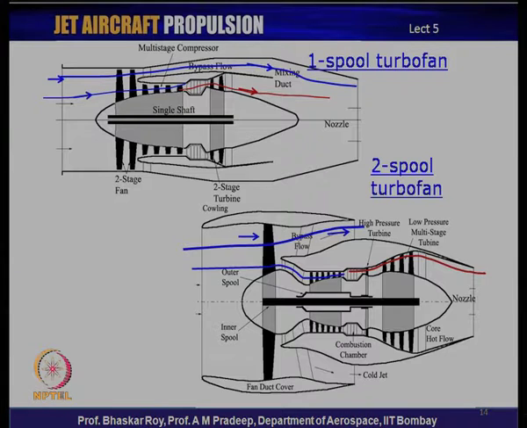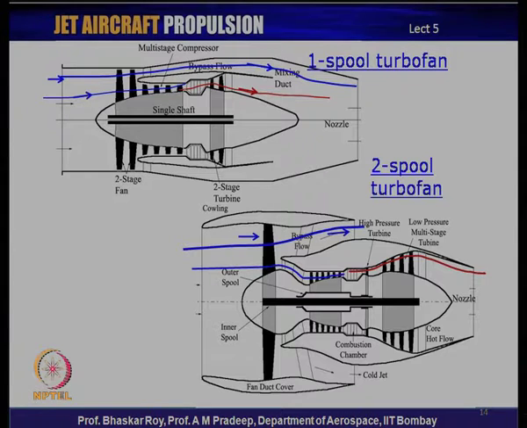Now, 2 spool turbofan means that the turbine works in 2 groups, one which is often called the high pressure turbine group, which may be a single or 2 turbines, and then you have the low pressure group, which is often a multi-stage turbine group, and they produce power over 2 shafts.